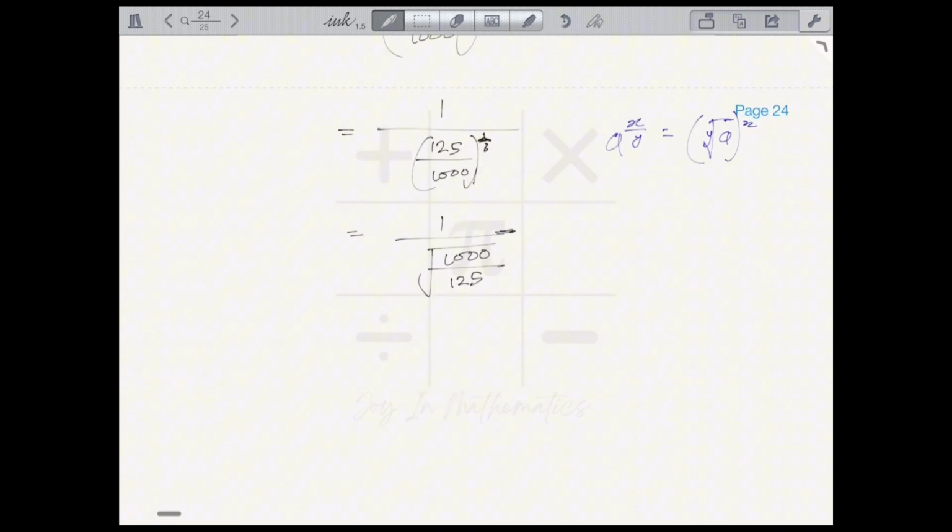Now, this brings us to solving. If we rewrite this, you can watch the video on surds to have more understanding. So this will be the cube root of 1000 divided by the cube root of 125, and from the rule of surds we understand that root of a over b is equal to root a divided by root b, and root of ab is equal to root a multiplied by root b.